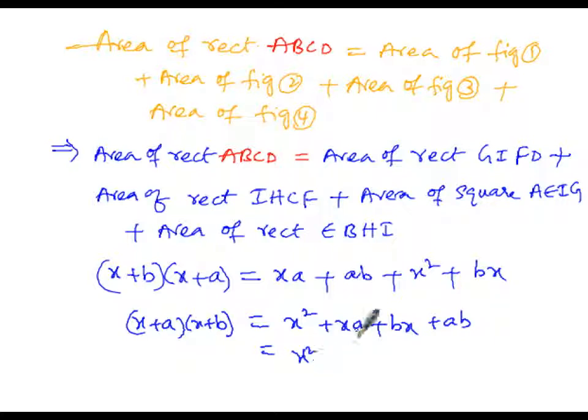Among these two terms, xa and bx, the variable x is common, so I take x as common. When x is taken out only a is left over, and only b is left over inside the bracket, plus ab written as it is.